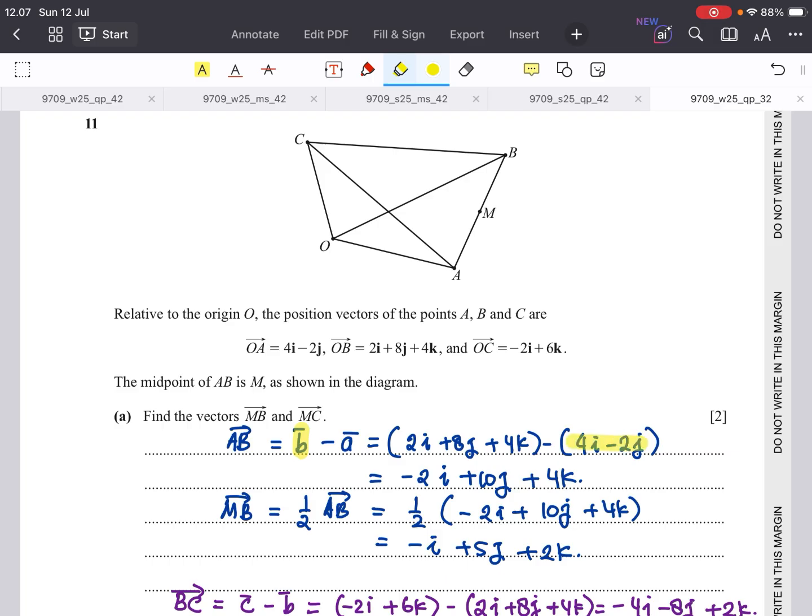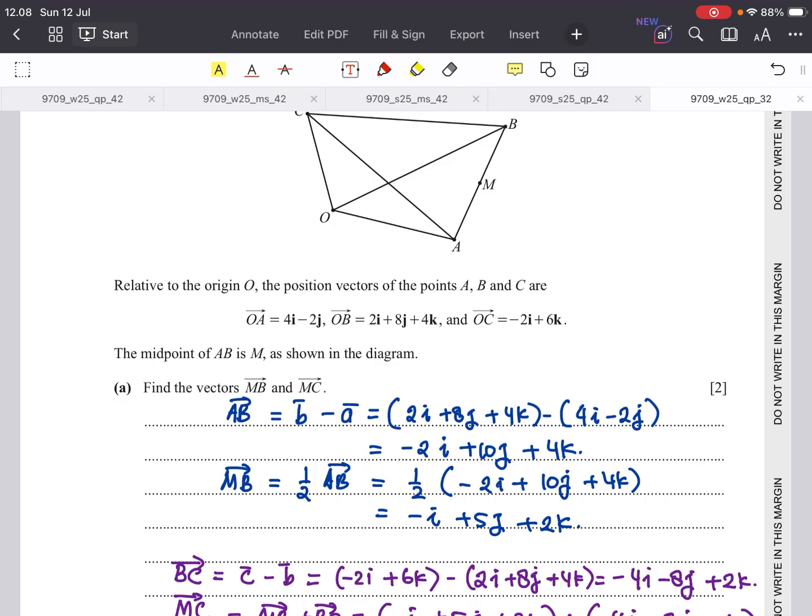And this one is position vector of A. So AB is 2i plus 10j plus 4k. And then for MB, since M is the midpoint of AB, we can say that MB is half of vector AB. So multiply this one with half, we get vector MB is negative i plus 5j plus 2k.